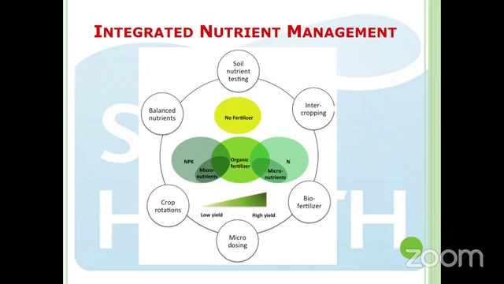Wherever only NPK is used, or only organic fertilizer, or only nitrogen is used, you will see there is not much yield expected from that particular crop. So we have to have the balance of all these nutrients, so you will get the expected results.